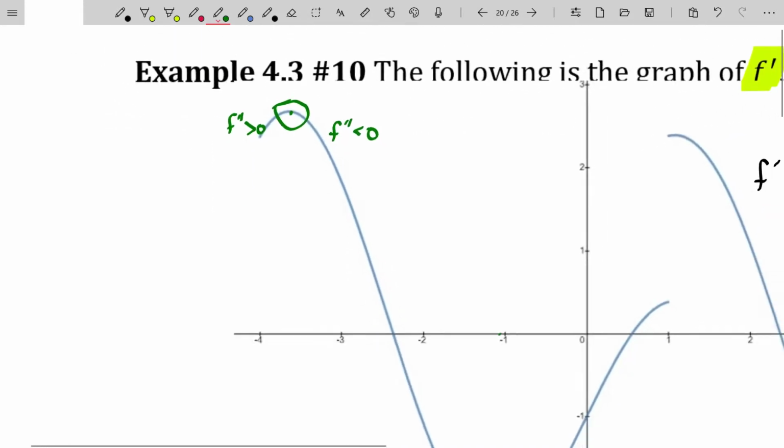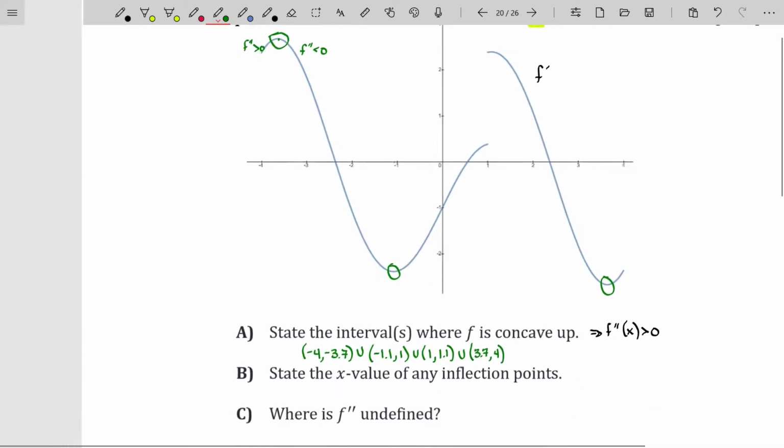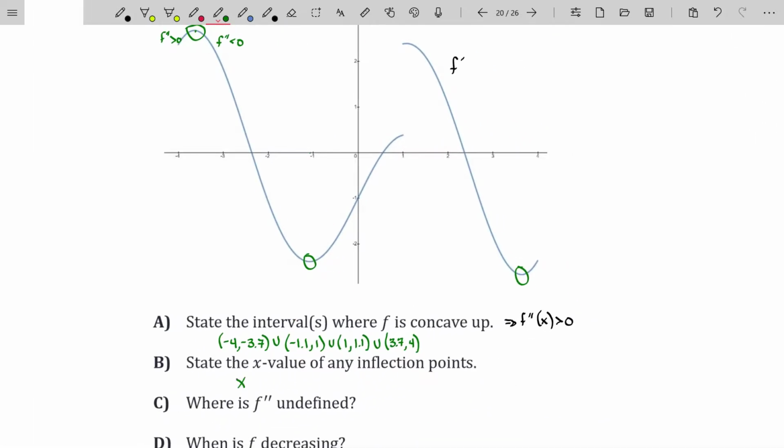So the second derivative will switch signs at whatever this x value is. And I think we labeled that x value negative 3.7. So I'm going to say x equals negative 3.7. Technically, it's approximately equal to that. It also switches signs at this x value, which we said was negative 1.1. It also switches signs at this x value, which we said was positive 3.7.